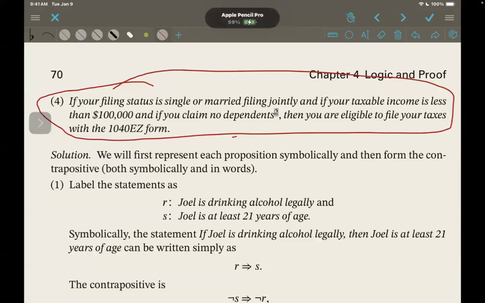Let's break this down into statements. This has more than just P and Q. I think it's got 1, 2, 3, 4, 5 propositions. So first write it in terms of proposition letters, variables, and then find the contrapositive. So find it in terms of P, Q, R, S, T, I think. And then find that equation and then negate it. Sound okay? All right, go for it.